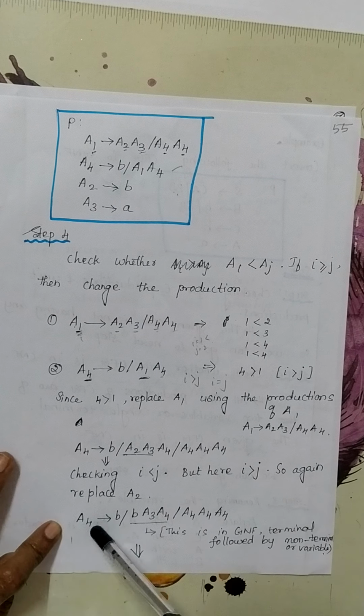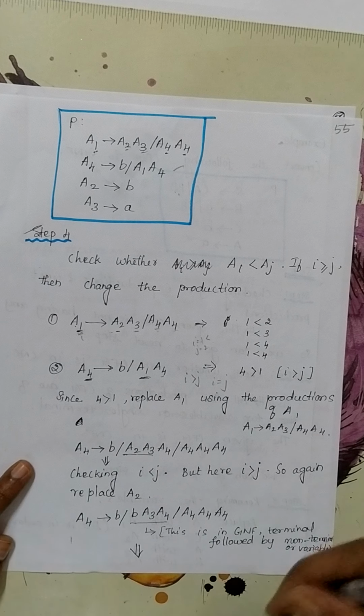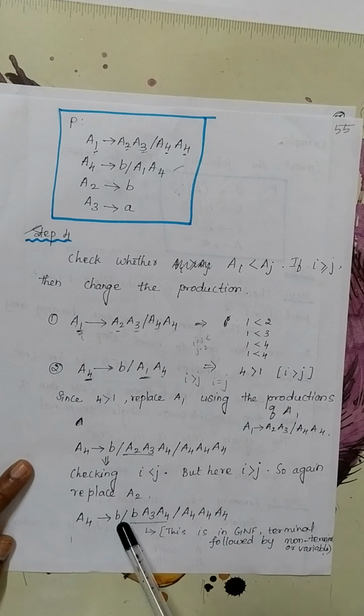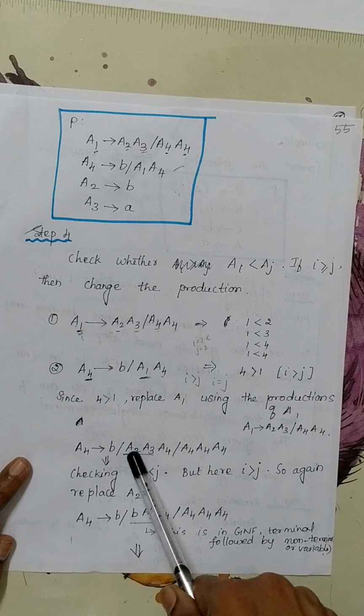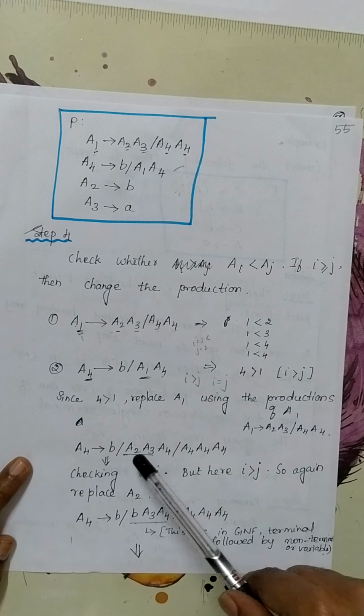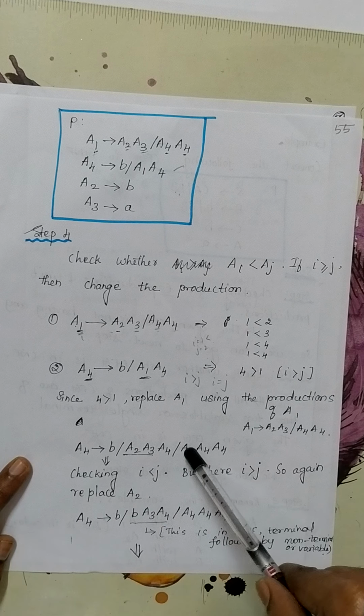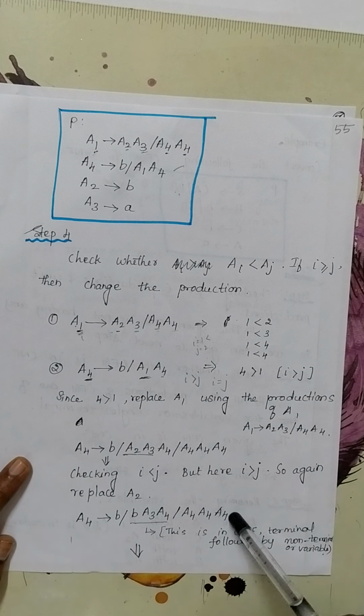You can see A4 gives B, or what is this A2? A2 is B again. So instead of A2 we write B, A3, A4, and then the remaining productions A4, A4, A4. So here we have B, A3, A4.